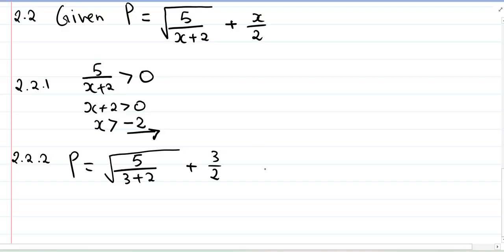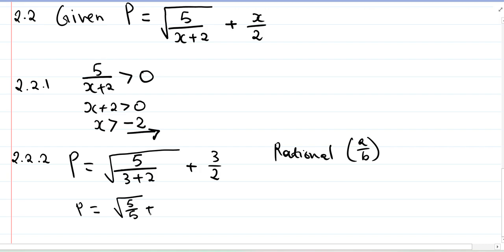Before you answer, you must know what it means to be rational. A rational number is any number that can be written in the form a over b, meaning a number that can be written as a fraction. So p will be equivalent to the square root of 5 over 3 plus 2, which is 5, plus 3 over 2. This is 1 plus 3 over 2.